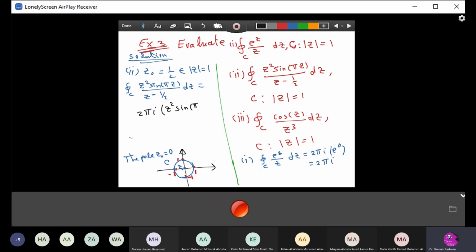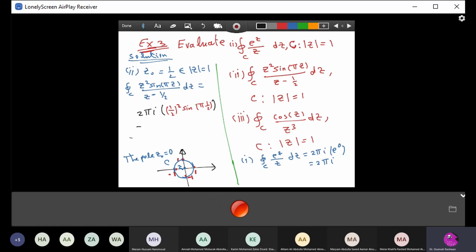What's Z naught? It's half. So I replace Z by half. So I have half squared sine pi times half, every Z I replace by Z naught. Now I finish.